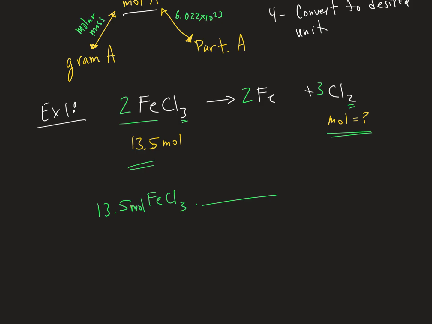All right. So now we're going to use the mole-to-mole ratio. What goes on bottom? Moles of FeCl3. And what goes on top? Moles of Cl2. What I'm looking for. We good?